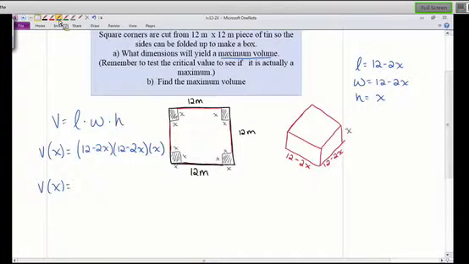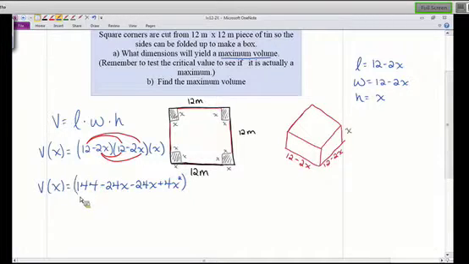First I'm going to FOIL out my two binomials. 12 times 12 is 144. 12 times negative 2x gives me negative 24x. Negative 2x times 12, again negative 24x. And negative 2x times negative 2x is a positive 4x squared. This is inside parentheses, and don't forget we still have the height x to multiply with it.